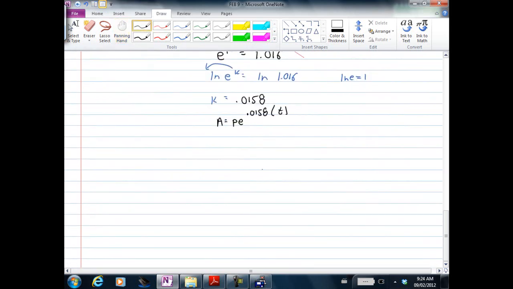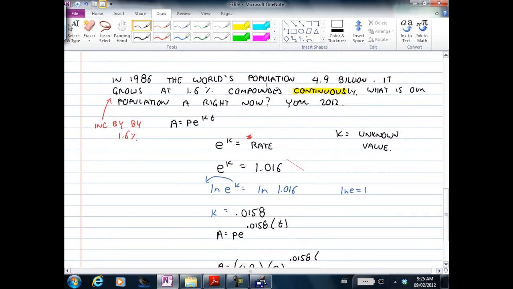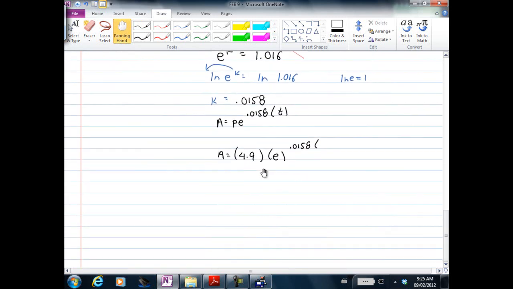So A equals 4.9. You have the E value, which is just on your calculator. 0.0158 times T. And T, figure out how many years are from 1986 to 2012. Okay. Just plug it in. So this type 4 is actually the easiest formula.